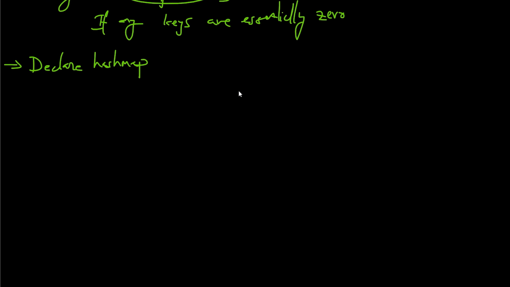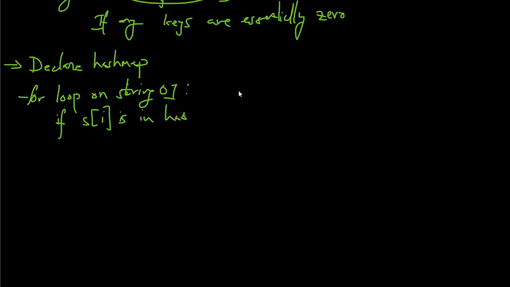After declaring the hash map, run a for loop on string 1, which essentially adds the elements. It first checks if the string element is in your hash map.